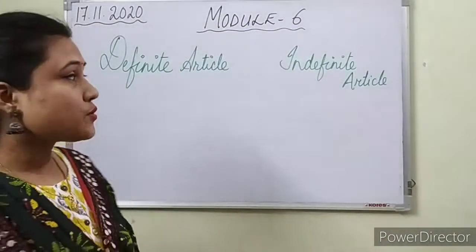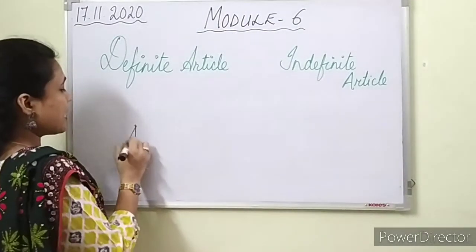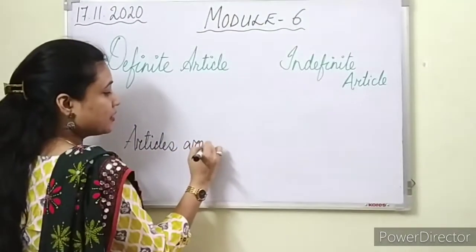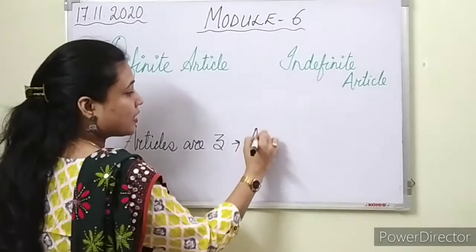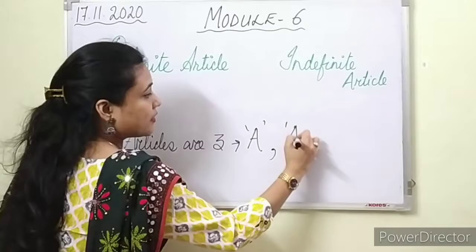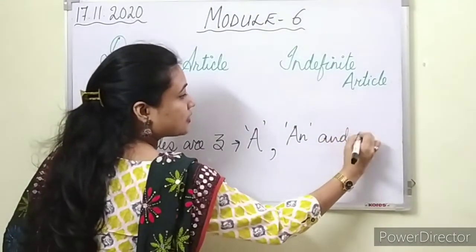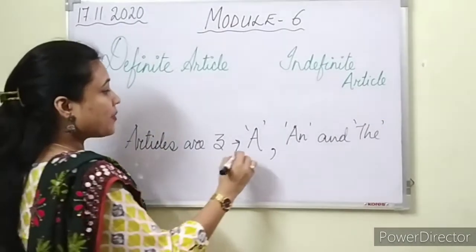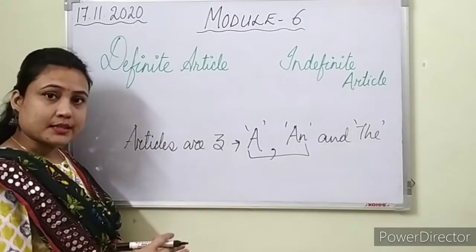Articles are of three kinds. First is a, then an, and the last one, the. About a and an, we already learnt in our last class.